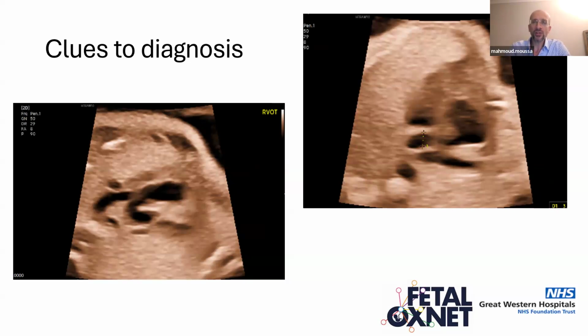And in the 4-chamber view as well, because in the majority of cases, this extra vessel or this left superior vena cava usually drains into the coronary sinus, and actually you can see the coronary sinus dilated on this image. As you can see, it can be slightly misleading sometimes, and you think that's the valve, but actually that is not the valve, that's a dilated coronary sinus.